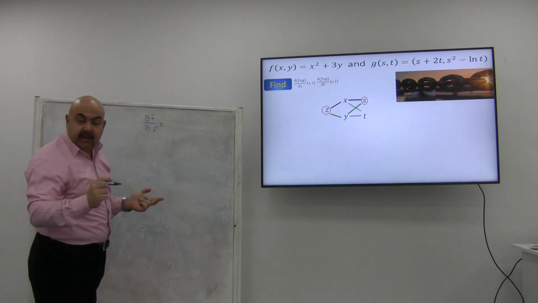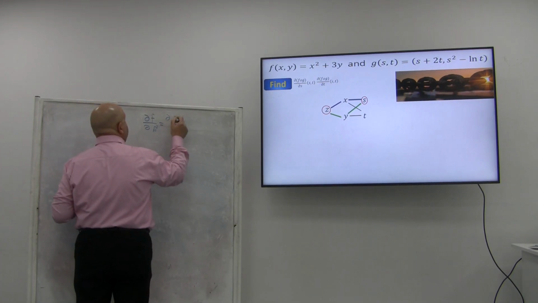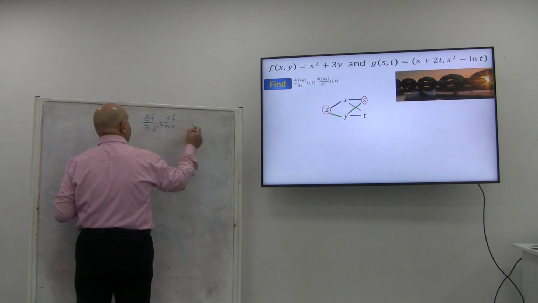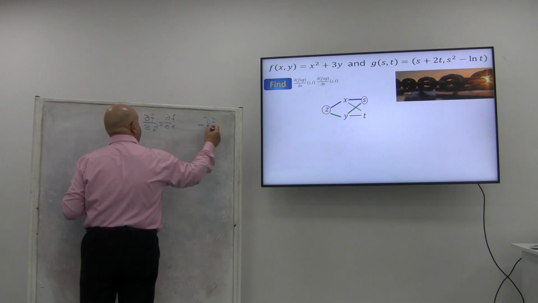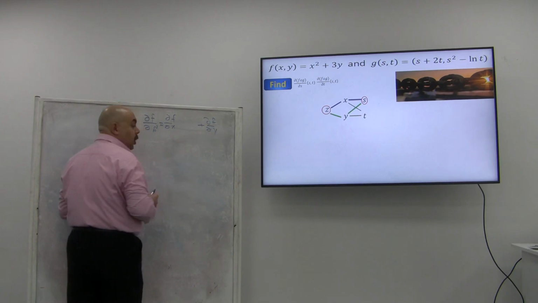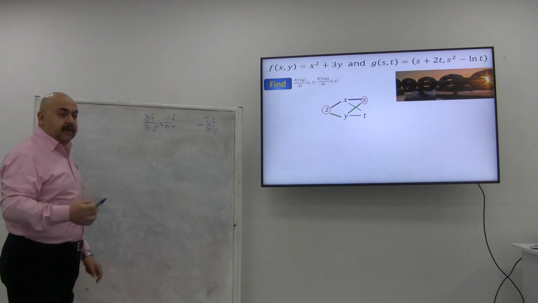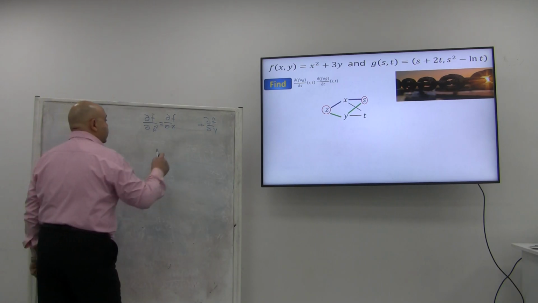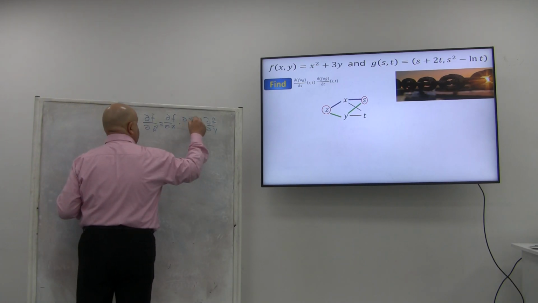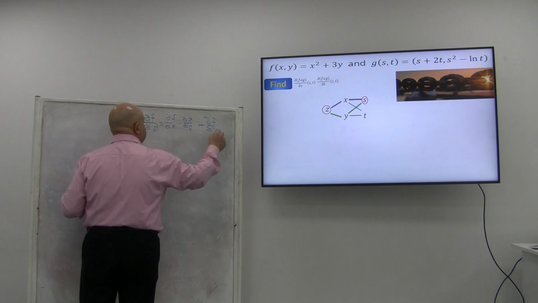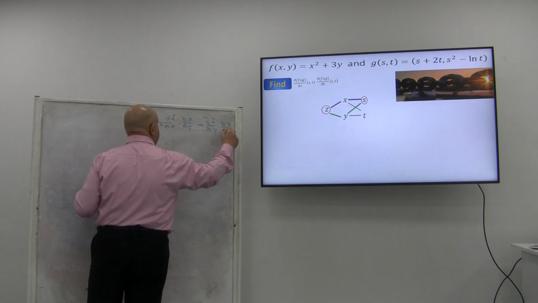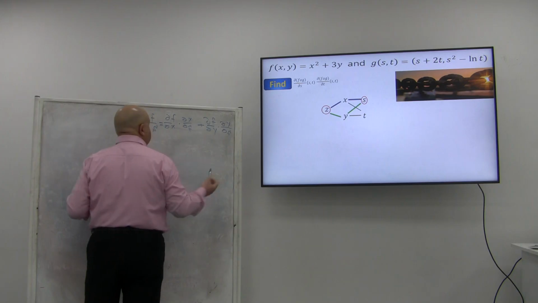So partial f, partial x, then partial f, partial y, adding two branches. Then the x is a function in s and t, so times partial x, partial s, times partial y, partial s, as you can see.